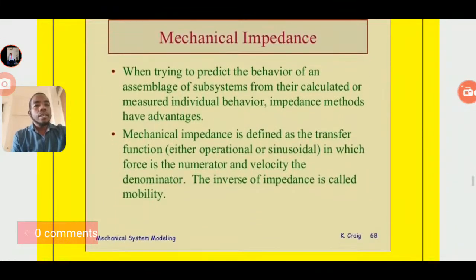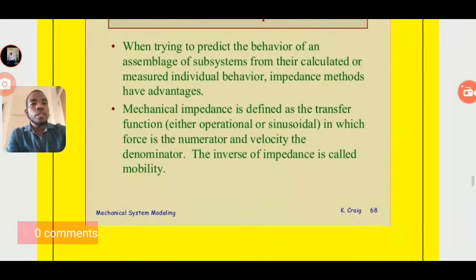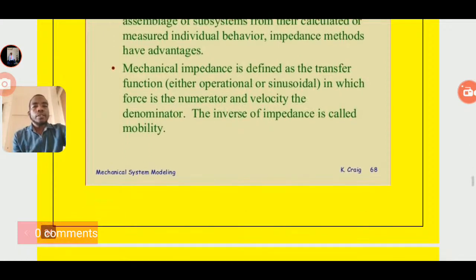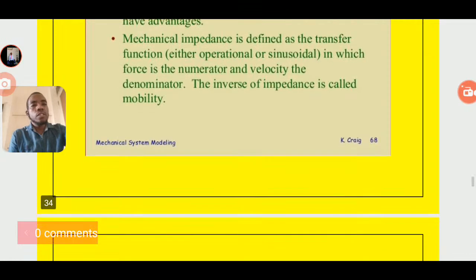So the other is the mechanical impedance. When trying to predict the behavior of an assembly of subsystems from their calculated or measured individual behavior, the impedance methods have advantages. So mechanical impedance is defined as the transfer function, either operational or sinusoidal, in which the force is the numerator and the velocity is the denominator.